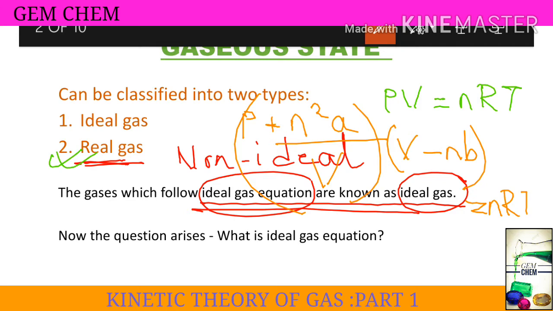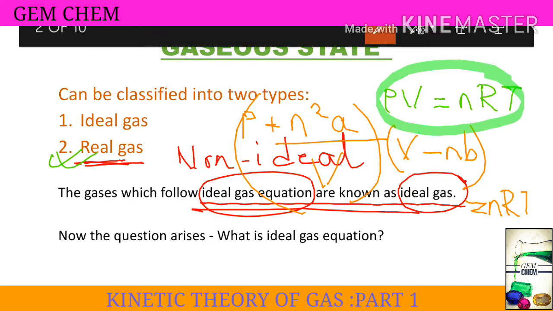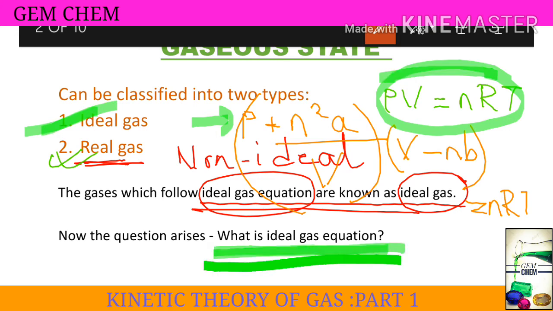For now, we will deal with only this formula. This will be dealt with later. So ideal gas requires this equation to be satisfied, and we will derive and get what is the ideal gas equation.